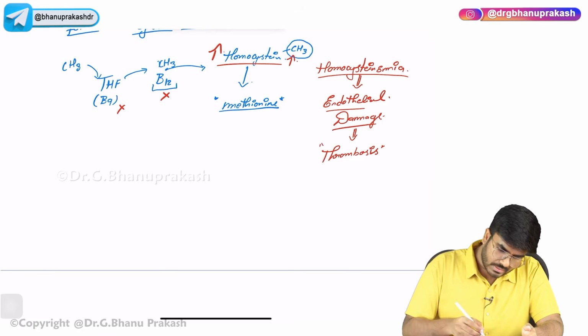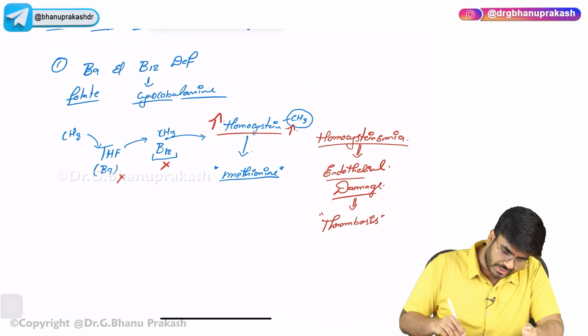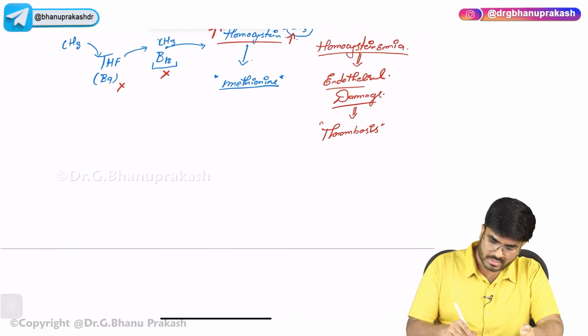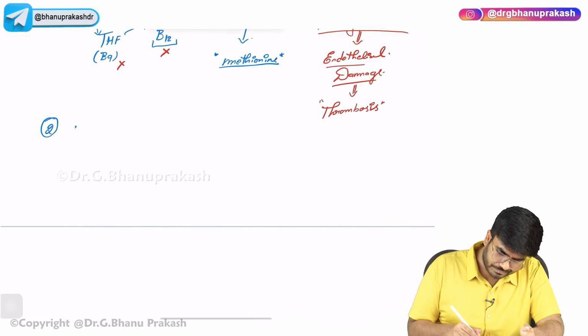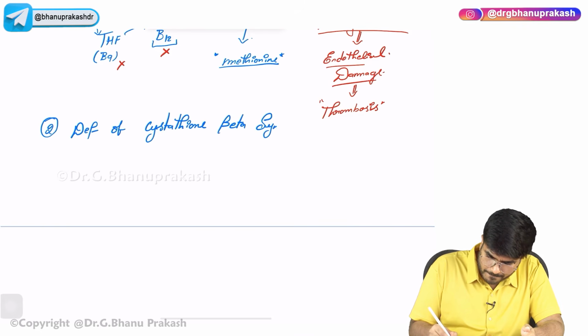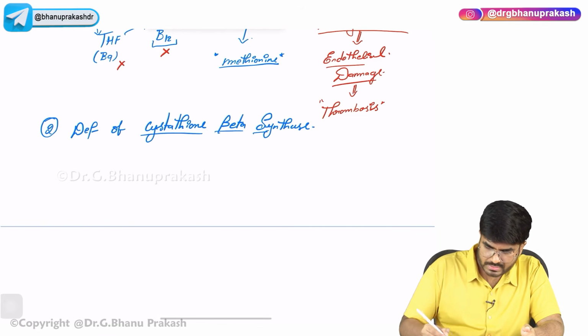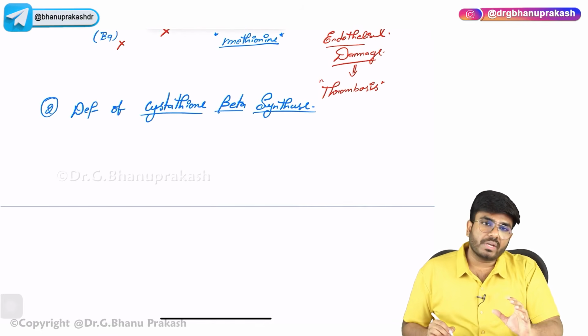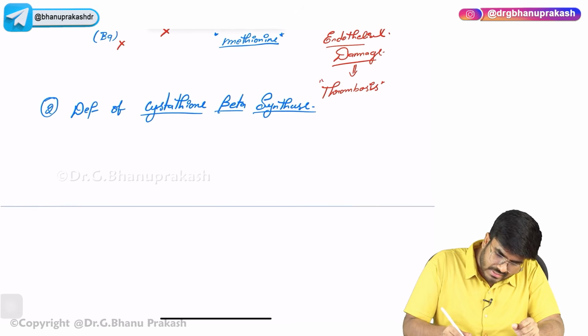Okay. Next, cause number 2 for the endothelial damage. Cause number 1 I have discussed. Cause number 2 is deficiency of cystathionine beta synthase. Sir, what is this cystathionine beta synthase doing?